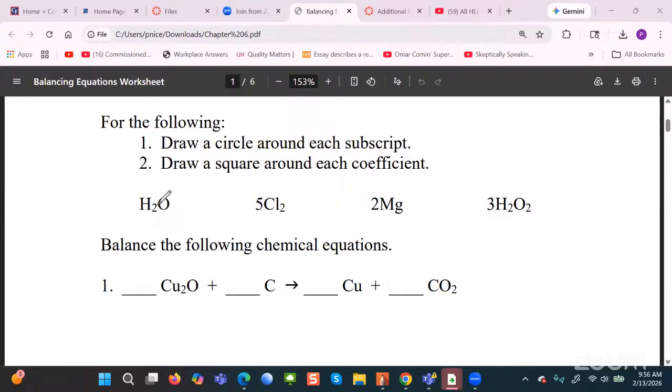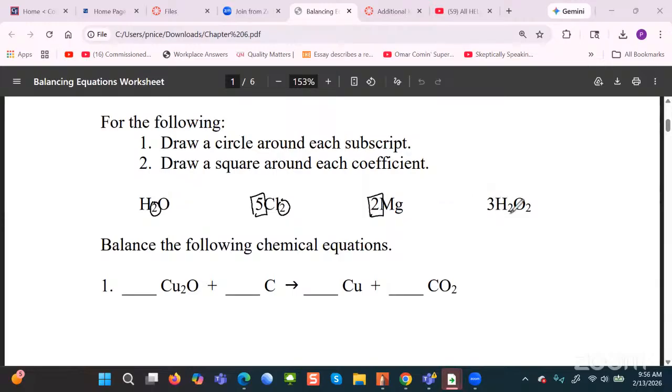So that means that in the case of H2O, we'd have to put a circle around the 2 here because that's a subscript. In the case of the 5Cl2 here, I'll place a circle here and place a square there. In the case of the magnesium, that would have a square around it for the two.